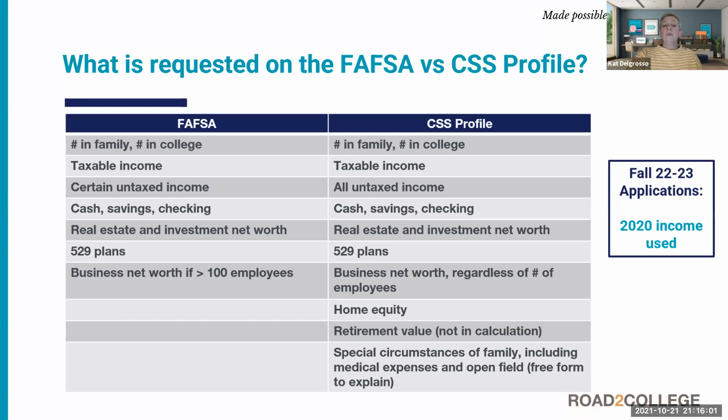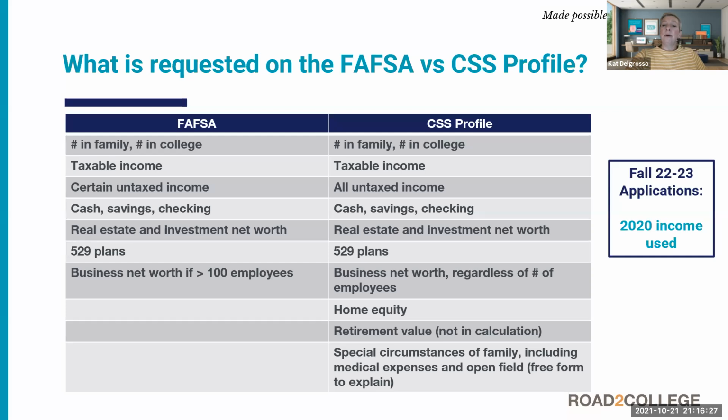Okay. There are two things on this slide that have to do with retirement. One of them, I'm just going to look at the profile column here on the right side of my columns. If you go up to the third gray row, it says all untaxed income is included on the CSS Profile.